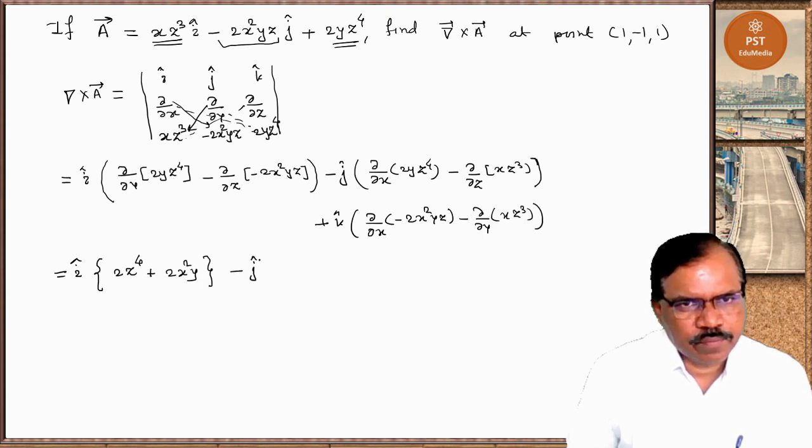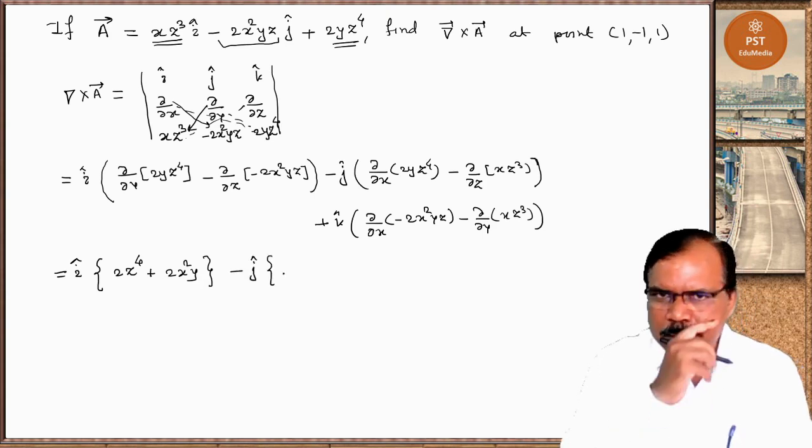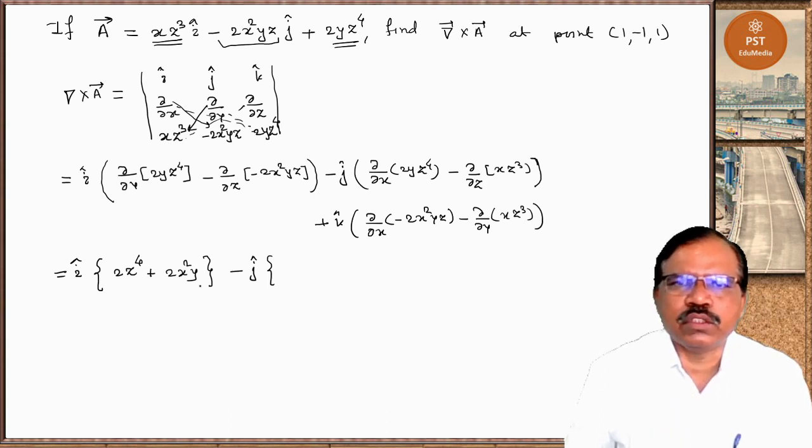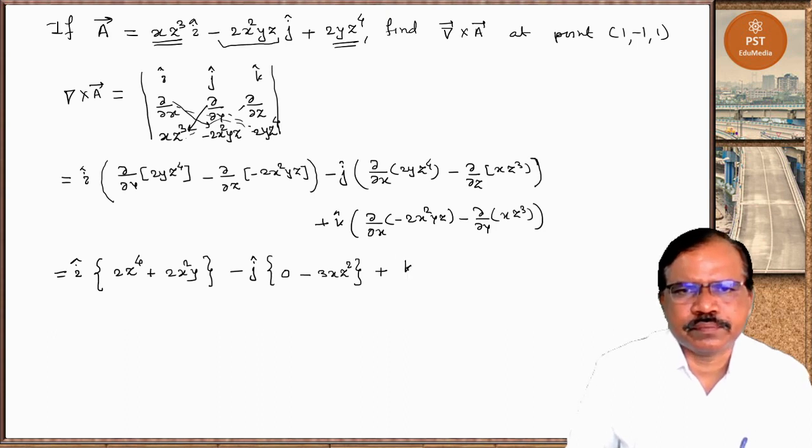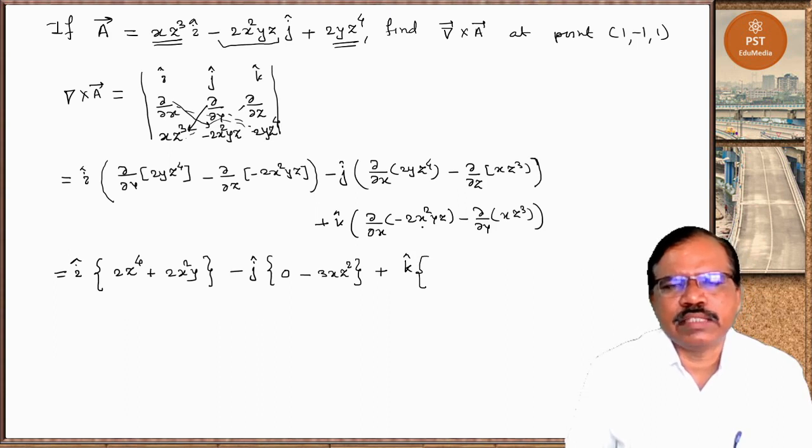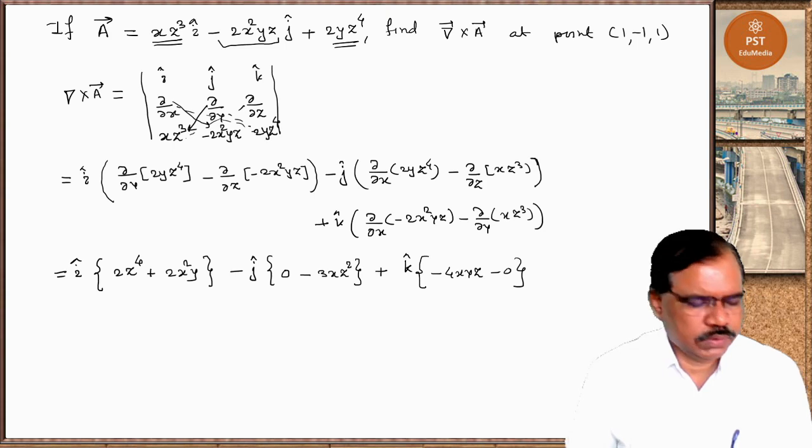Minus j: del by del x of 2 y z raised to 4 has no x, so 0, minus 3 x z square. Plus k: minus del by del x of minus 2 x square y z gives minus 4 x y z, and the second term is 0.